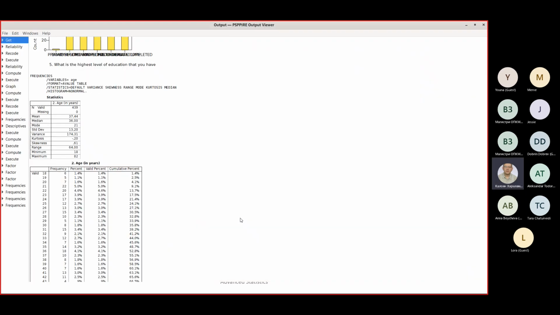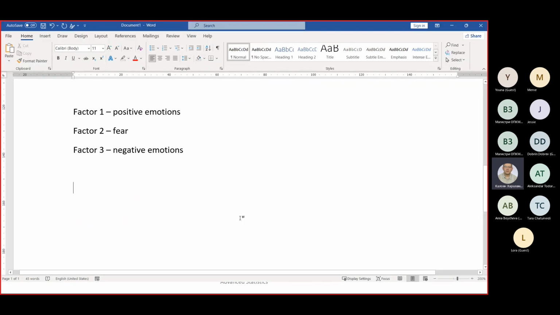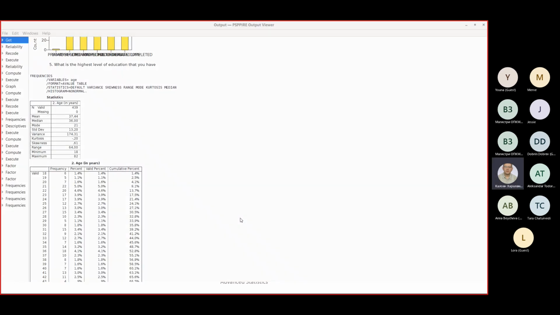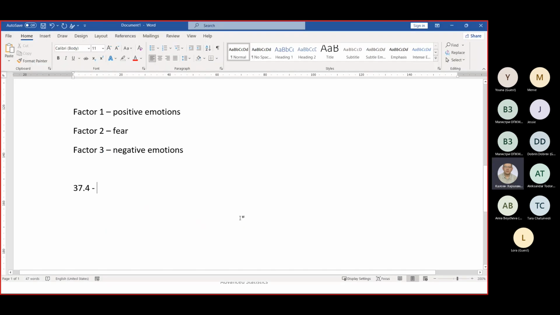So the average age is 37.4 minus standard deviation 13.2. The result is 24.2.